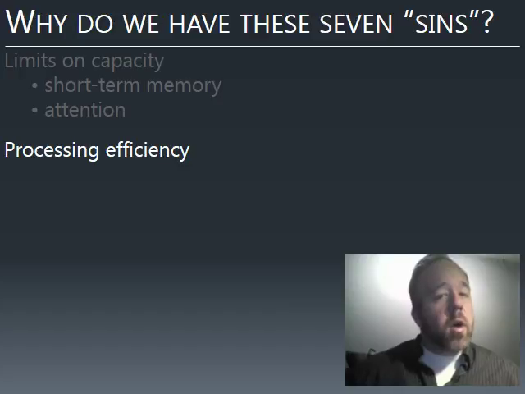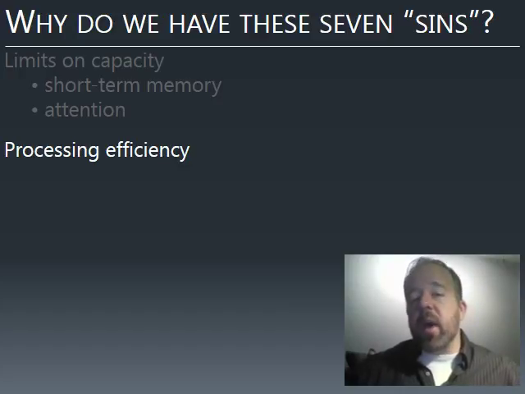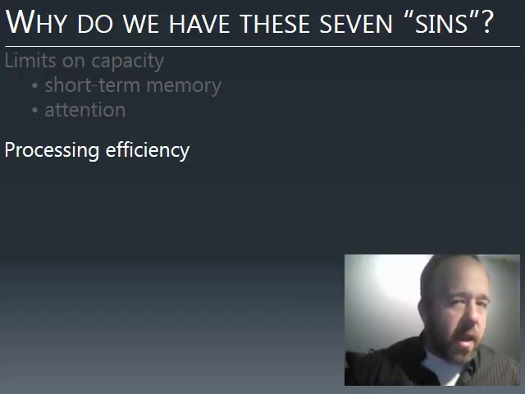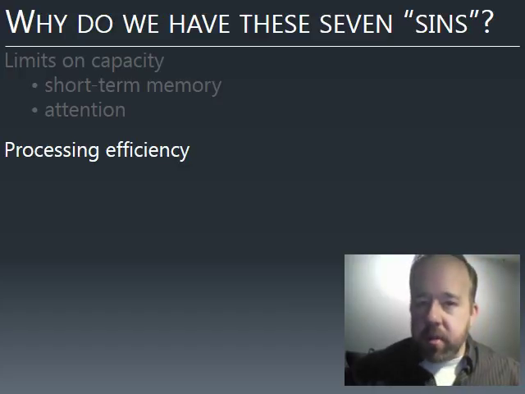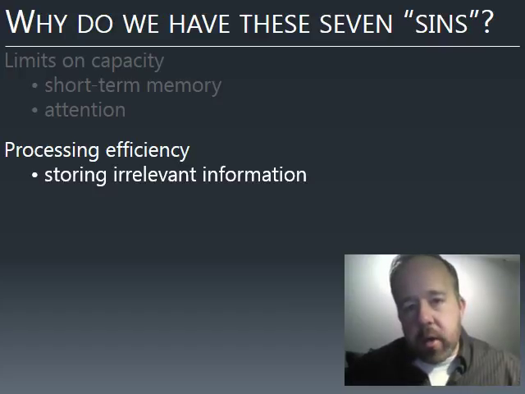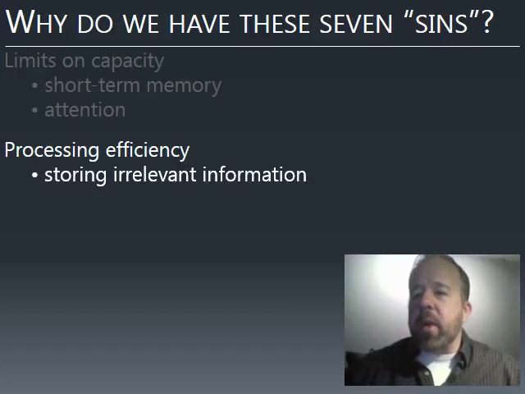Of course, the errors aren't all bad. To a certain degree, many of them help with efficiency. So, as we mentioned with transients, we don't want to remember everything. That could be really disruptive. So you don't want to store irrelevant information, not because you're up against some storage limit. Again, long-term memory doesn't seem to have a limit.